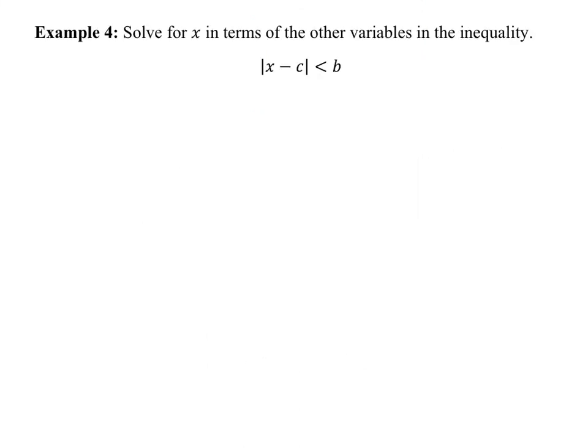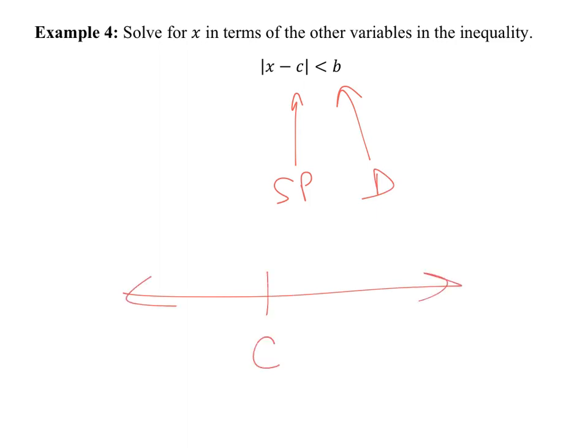Not given any numbers, but it's in the form we want it in, isn't it? So what's our starting point? C. What's our deviation? So on a number line, just put C in the middle. And what is this point going to be called on the right? C plus B. Very good. And on the left?